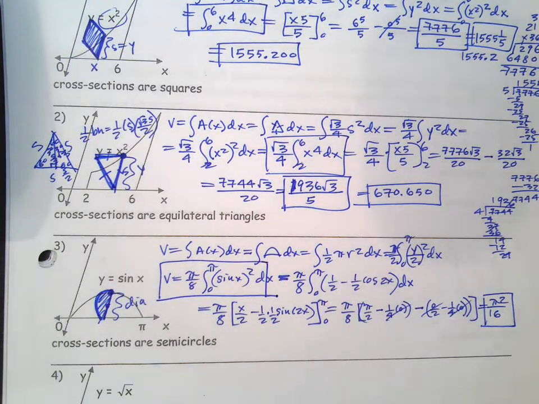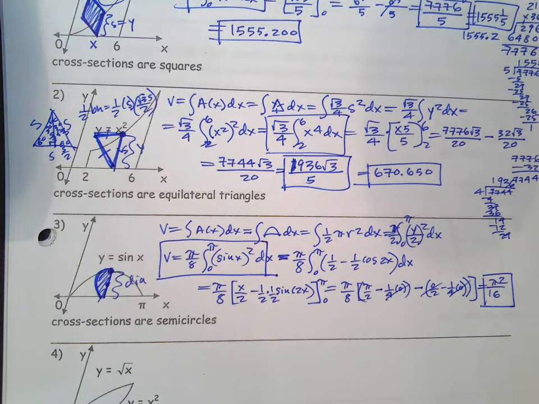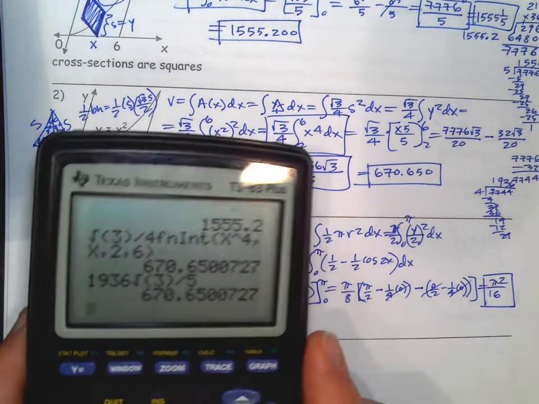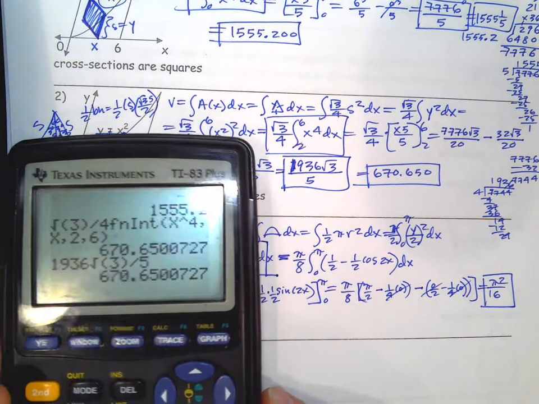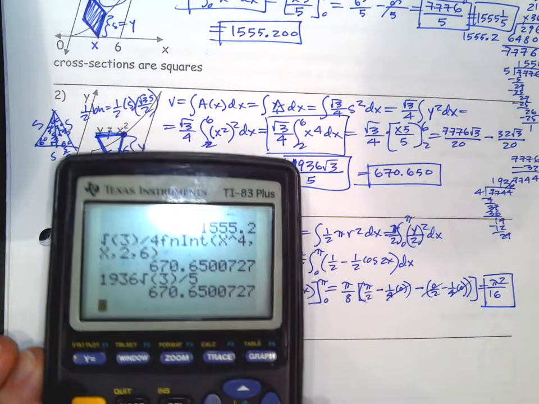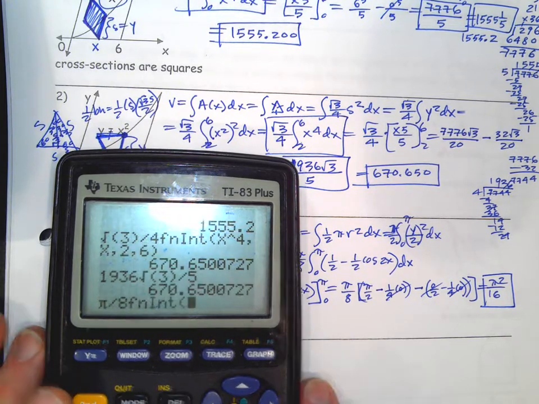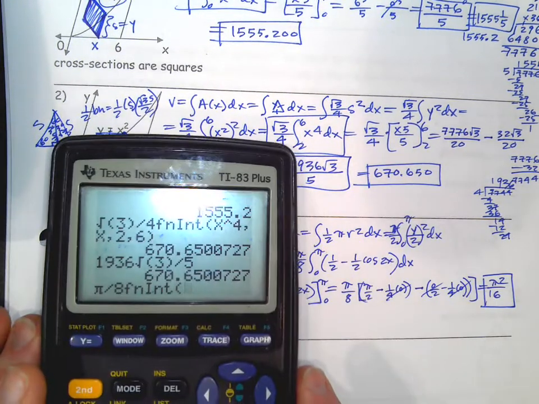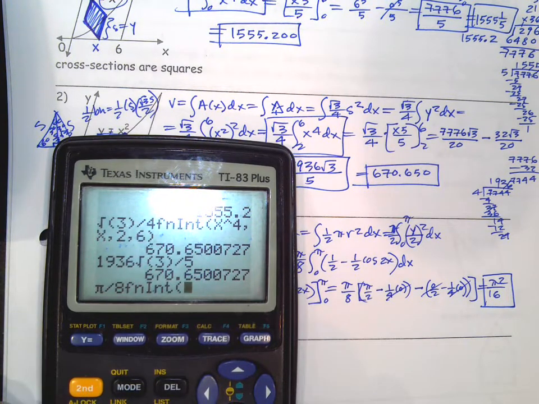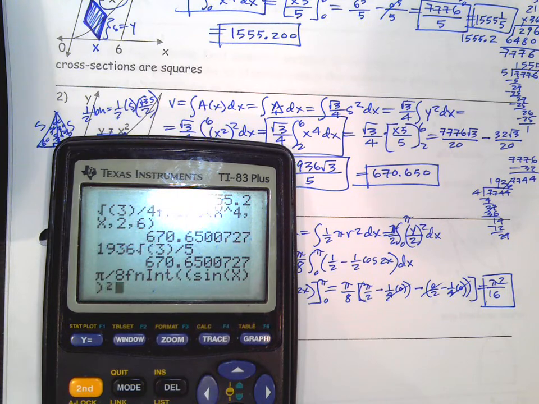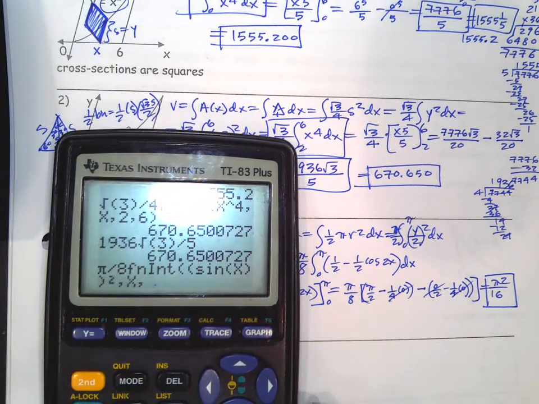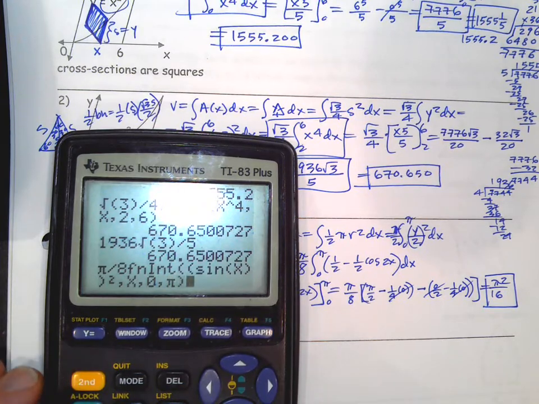This was our setup. So you don't need to use the trig identity to do it on your calculator. Your calculator can do all these for you. So let's check our answer. Pi over 8, math 9, sine x close squared, comma x, comma 0, comma pi.